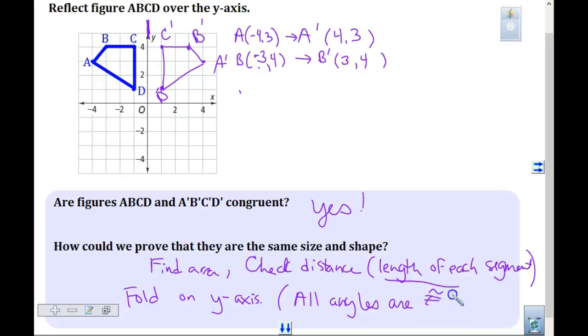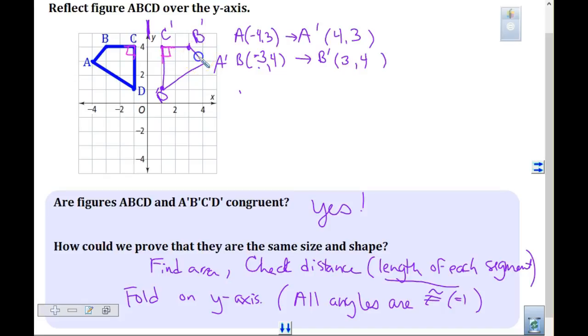I'm going to put congruent, or you could put the equal, okay? Meaning, if I was actually going to take my protractor and measure this, and I see, oh, this is a 90-degree angle here. When I draw this one over here, this has to be a 90-degree angle, right?